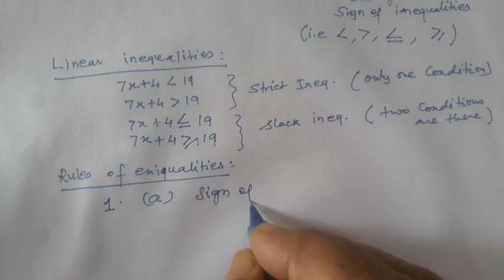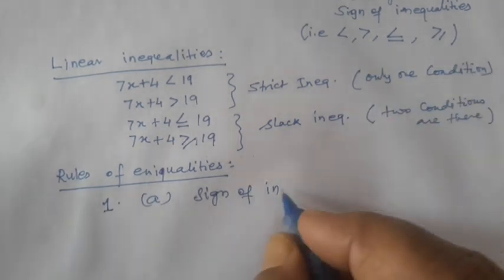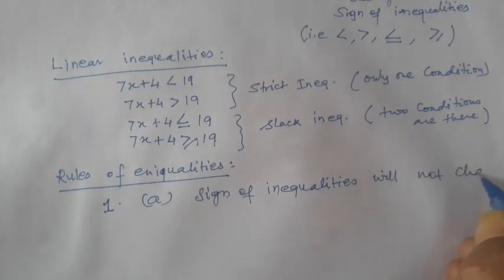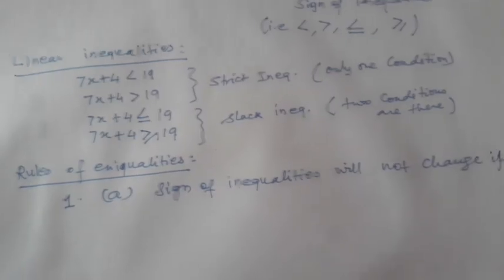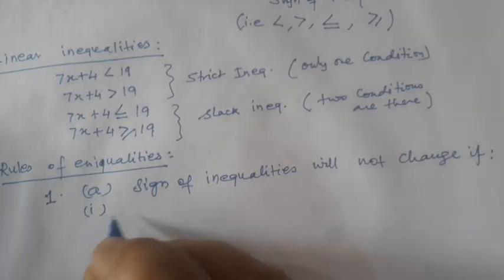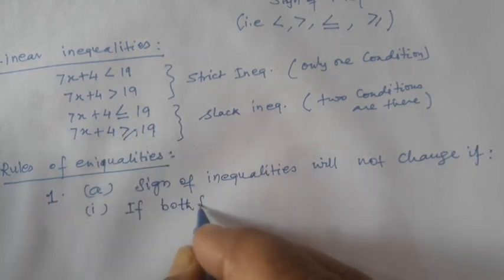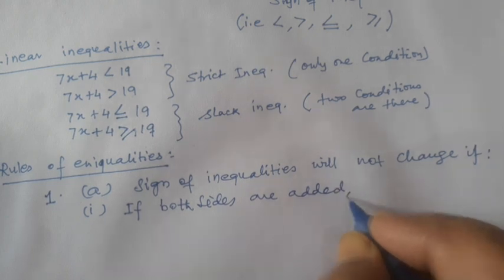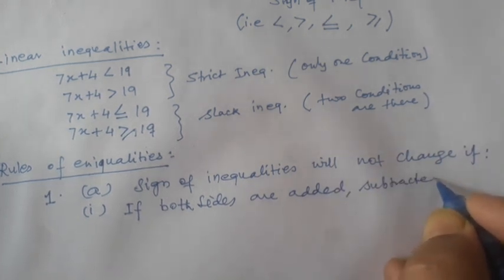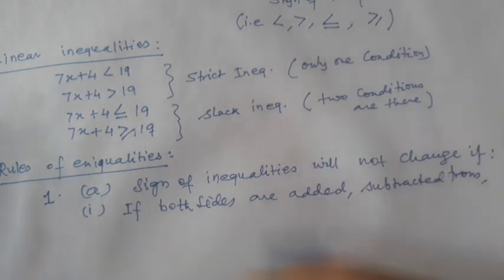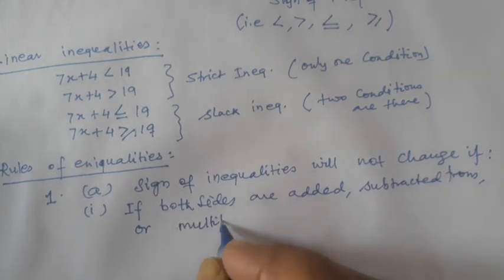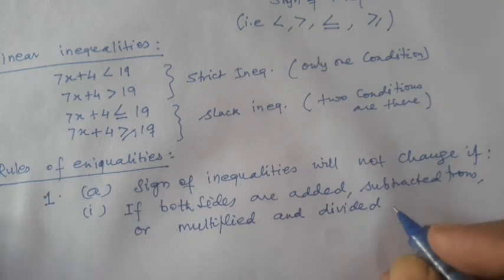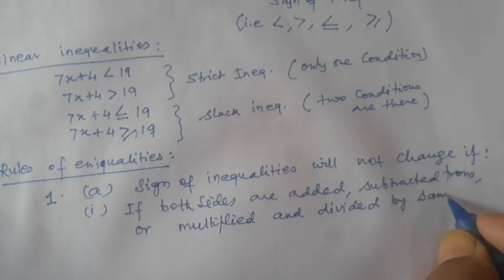First, the sign of inequalities will not change if both sides, this side and this side, are added to, subtracted from, multiplied or divided by the same number.